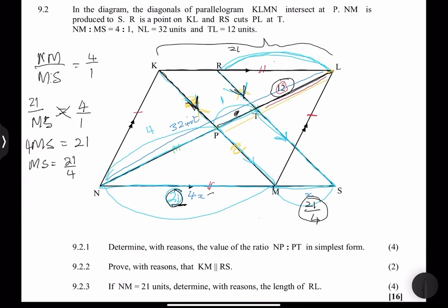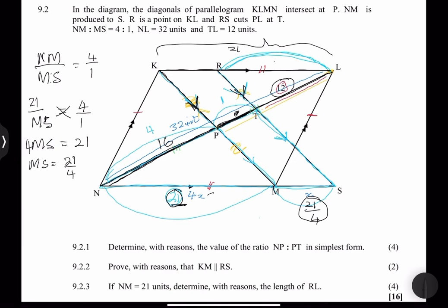Now, please remember that NP, we already know the length of NP, isn't it? Because they had told us that NL is 32, so it means that NP is 16, right? So now we can find the small side in this case. Oh, by the way, we could also have gotten that because we know that it's 4:1, isn't it?